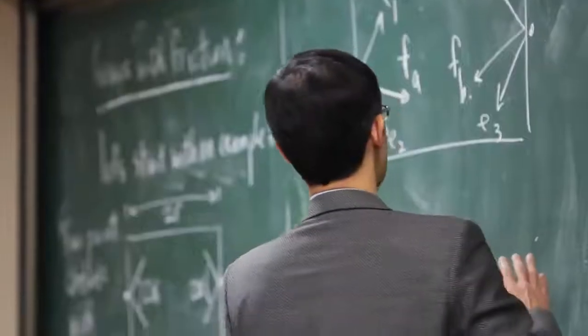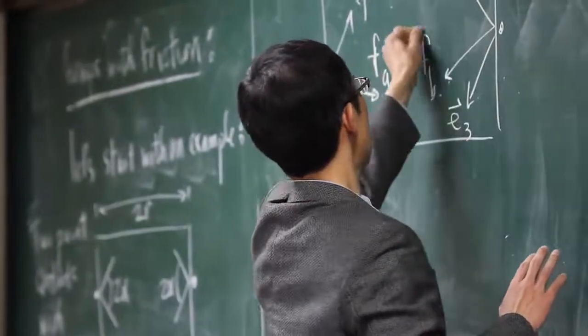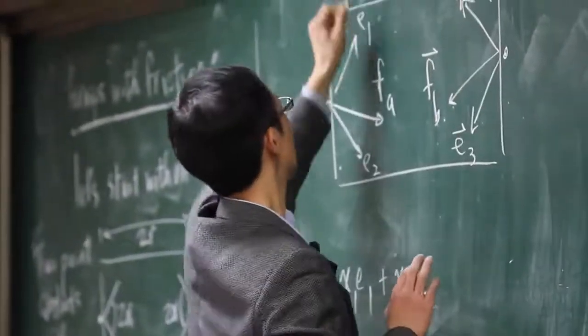To indicate that these are vectors, let's put arrows over the f's and e's.